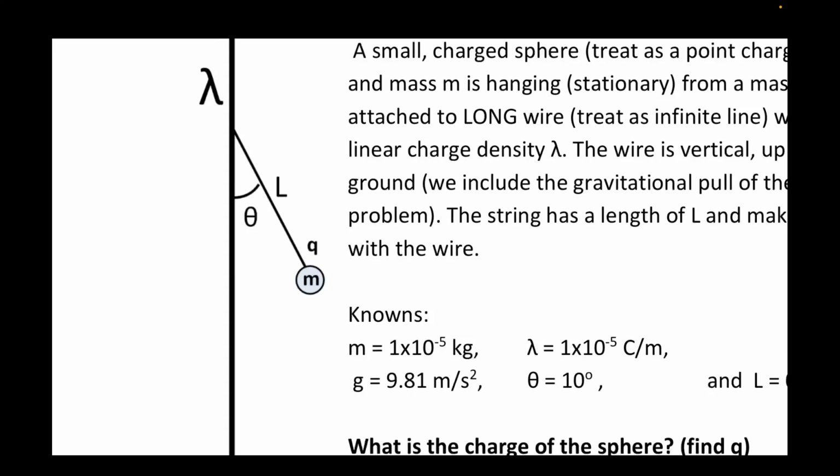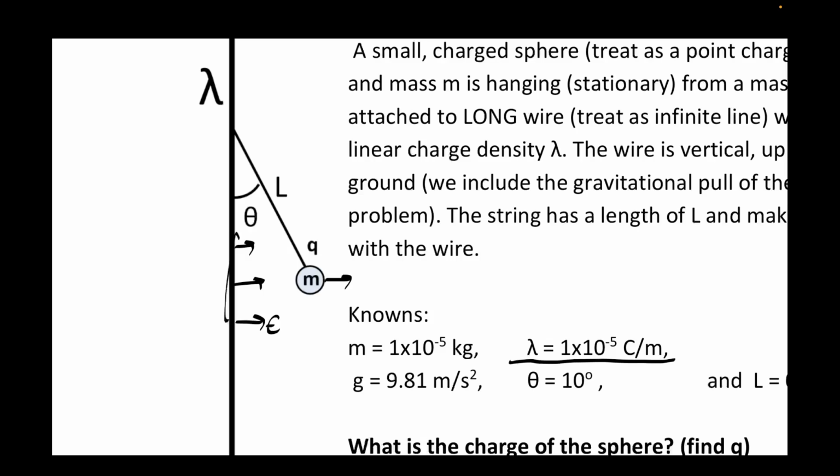The rod has some positive charge, so off this rod we have an electric field pointing away from it because it's positive. The mass is not moving at all. Therefore, this Fe is pushing that charge away to keep it from swinging backwards.